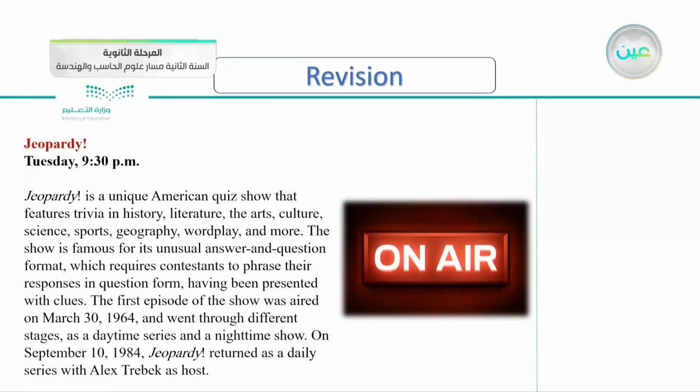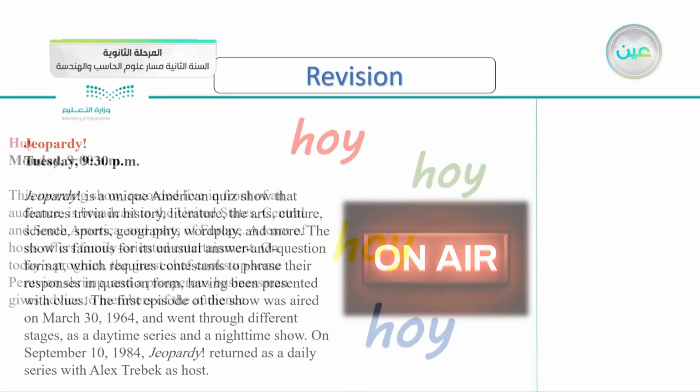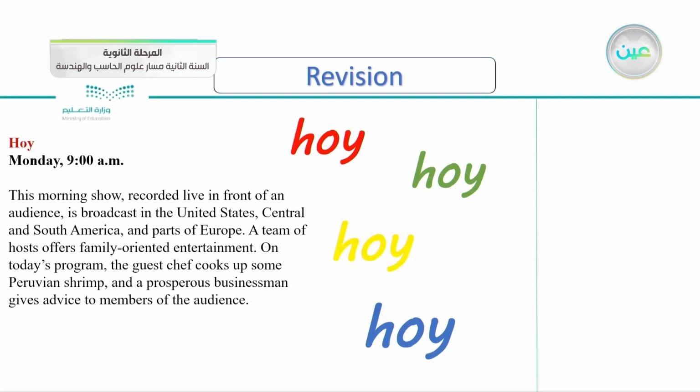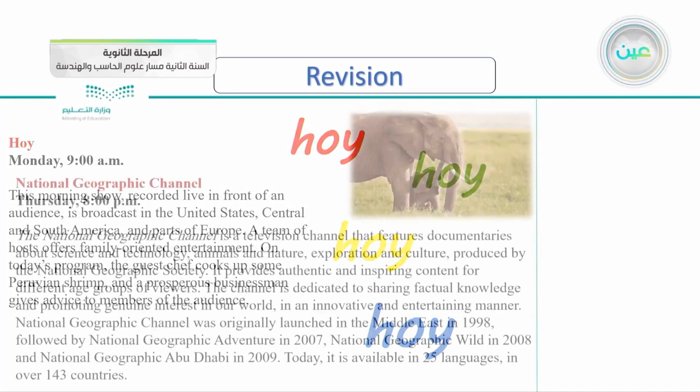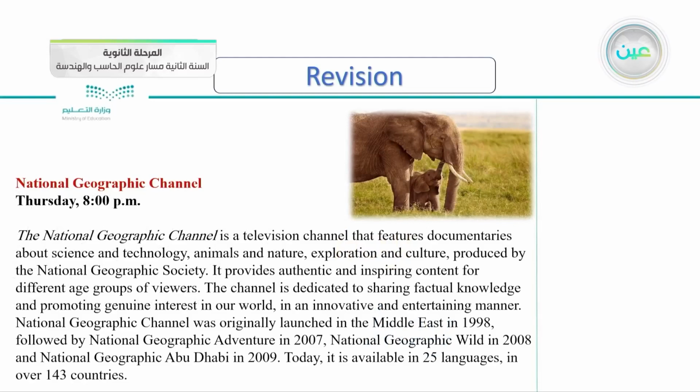Sport. Then we took some articles in the lesson and discussed Jeopardy, the article about the family quiz show. Then we took Hoy. Also, this is a family quiz show. Then we took the National Geographic Channel.